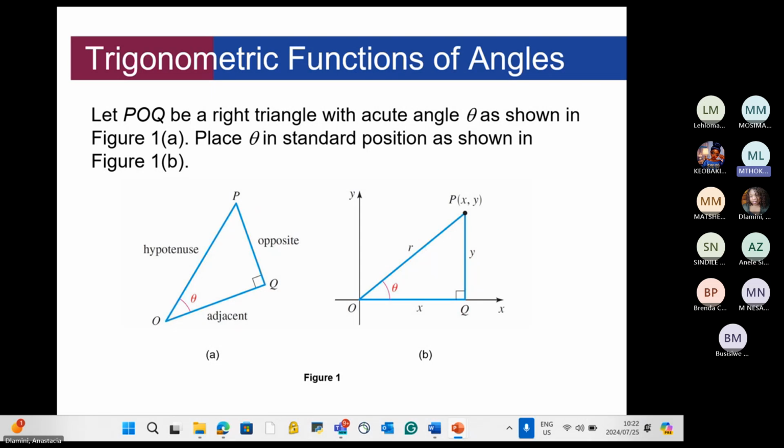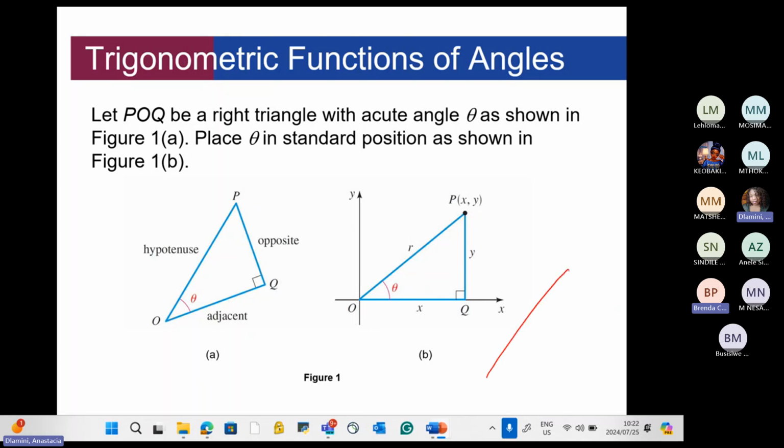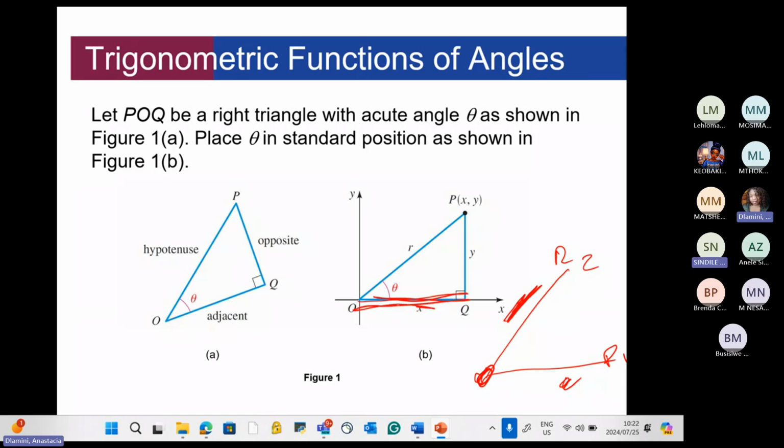Remember, an angle has a vertex, an initial side and a terminal side. We call this R1, we call this R2. If you take this and always start here and move around like this or like that, then you are in a standard position.